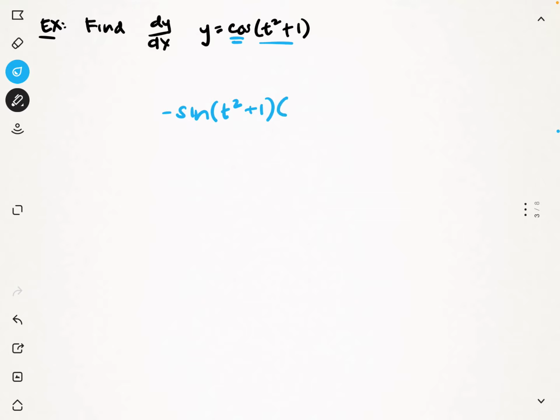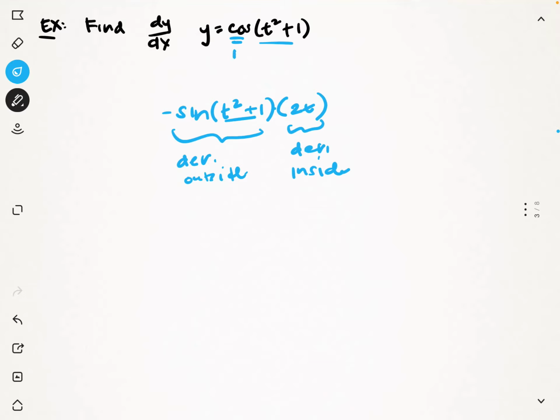But then we're going to do the derivative of the inside now. So times the derivative of t squared, 2t. The 1 derives out. So this is the derivative of the outside. The inside is the same. And then the derivative of the inside.